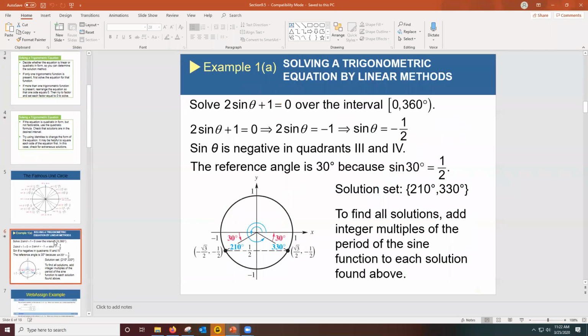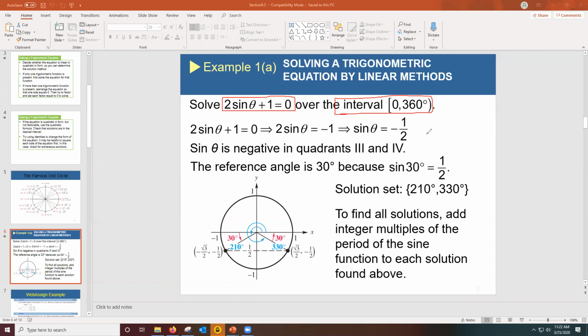All right, let me go to a quick example here. Here's an example that says solve this equation. So I'm noticing this equation says 2 sine theta plus 1 equals 0. I want to solve this equation. Now, most of the problems you work on are going to also give you an interval.